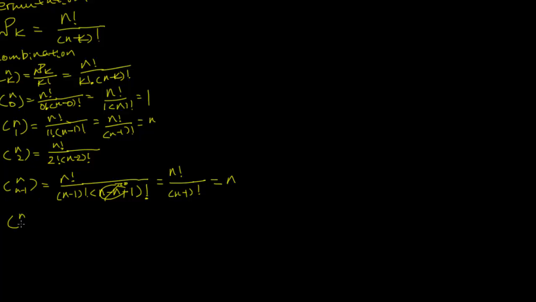And when k is also equal to n, we have n factorial over n minus n factorial times n minus n factorial.